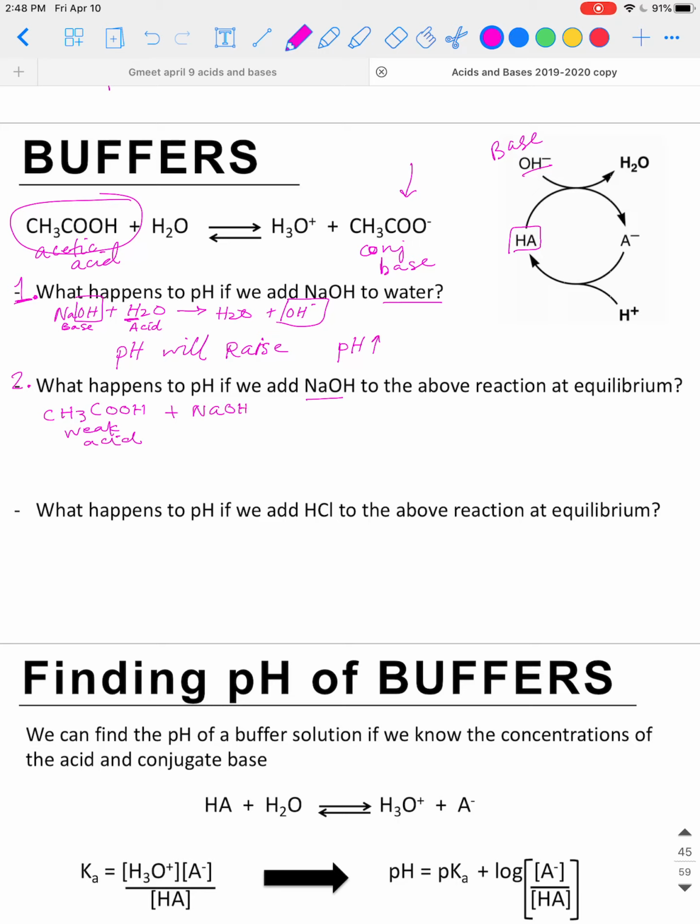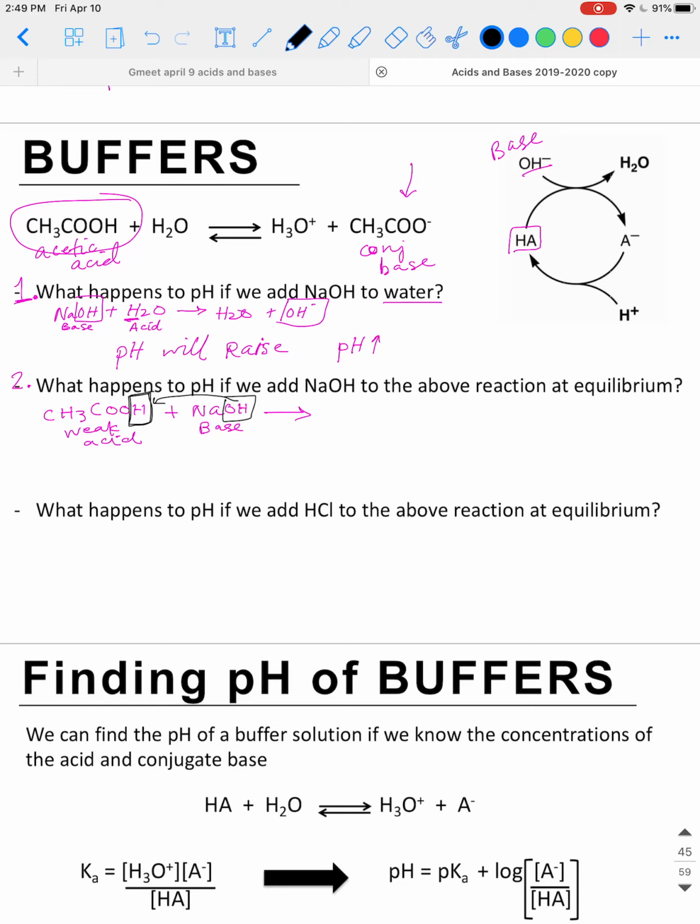I'm just writing out a reaction to see what's going to happen. So this is the weak acid plus NaOH. This is our base, and it's the OH minus part that reacts. Remember, sodium is just a spectator ion here. These are going to react. I'm going to box this in black. This is our acidic hydrogen on acetic acid.